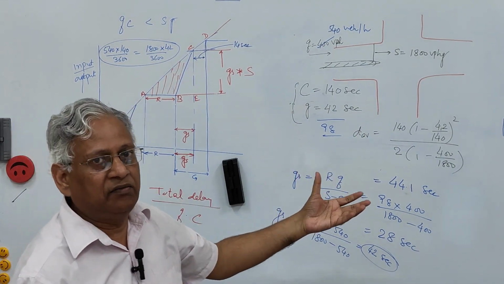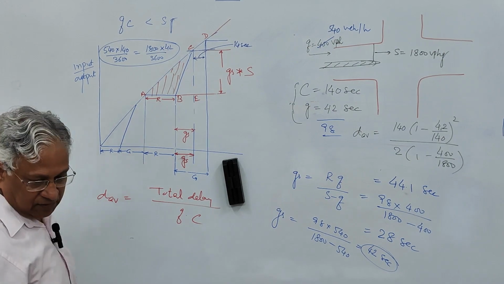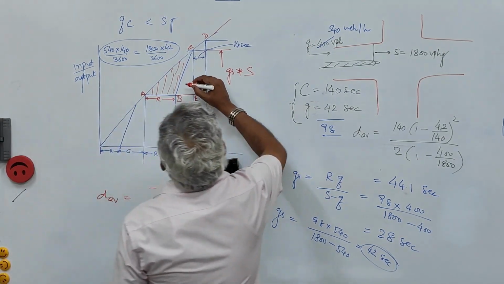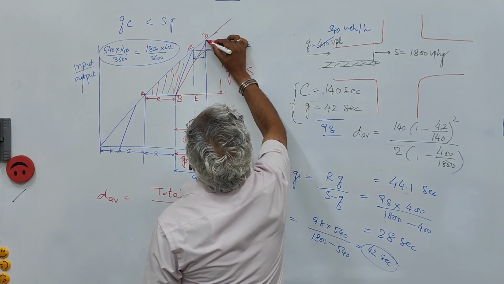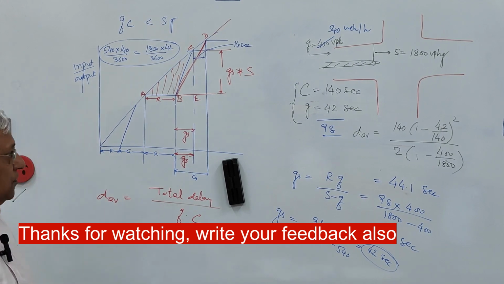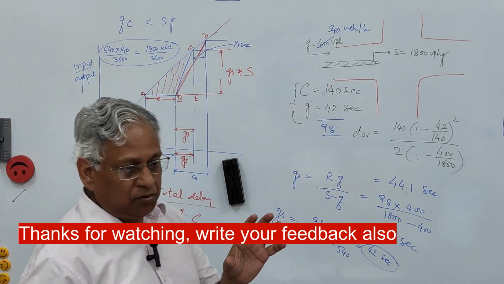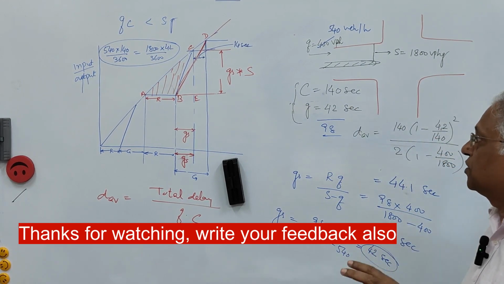You can calculate it yourself. That is the situation when this line will touch point D. That is the case of saturation. That is how you calculate delay in an undersaturated and a saturated cycle.